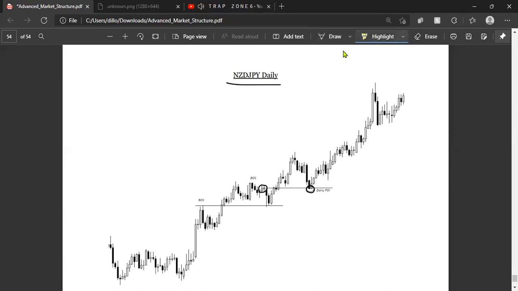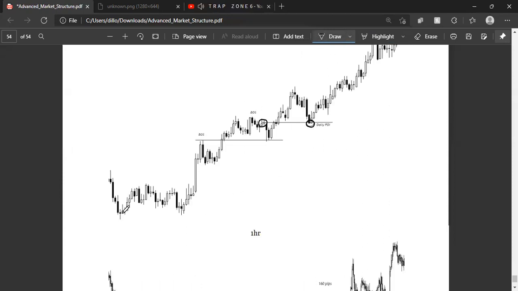But anyway, the last and final example, NZDJPY on the daily time frame. So what do we see, right? Maybe a little demand zone that had a rejection and a break of structure, right? We see this section of structure here. It didn't retrace back into that previous broken structure.